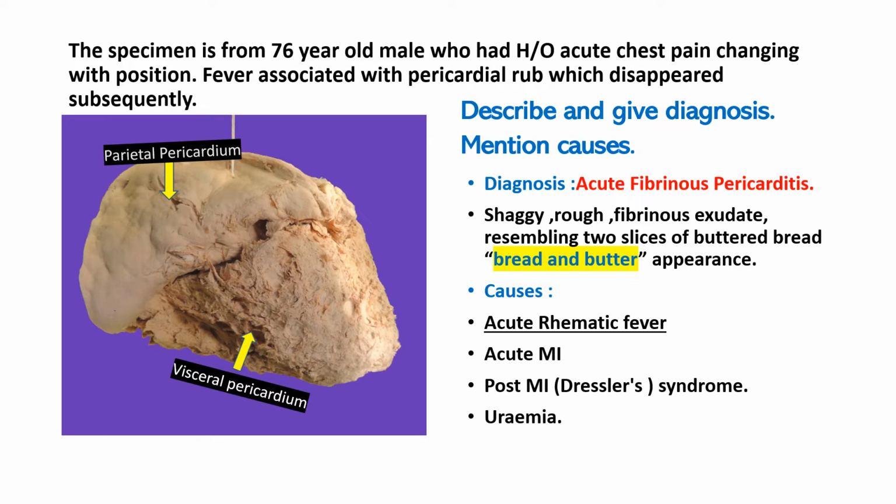Causes of acute fibrinous pericarditis include acute rheumatic fever, as in this case, acute myocardial infarction, post-myocardial infarction syndrome, which is also known as Dressler syndrome, in which the changes occur 2 to 3 weeks after the attack of myocardial infarction. Uremia is one more cause. So this is the case of acute fibrinous pericarditis.